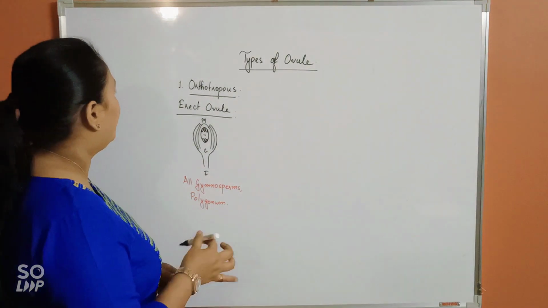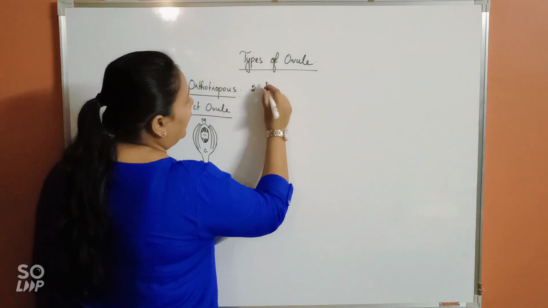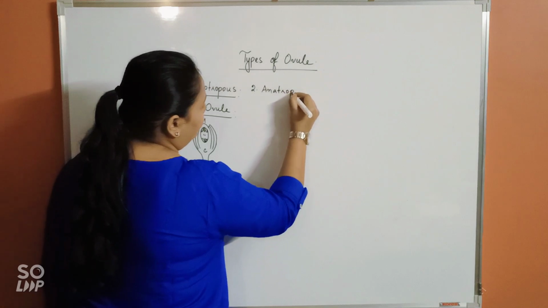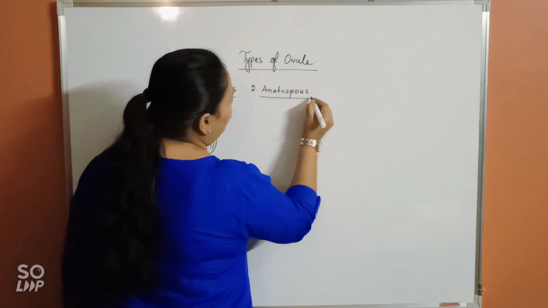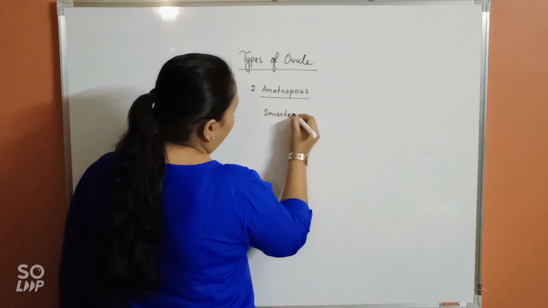Alright. Next, anatropous. Anatropous ovule means inverted ovule.